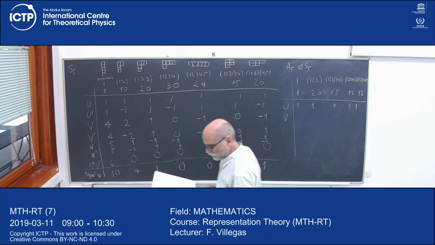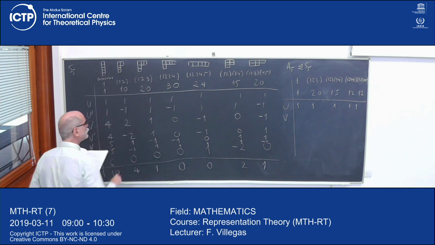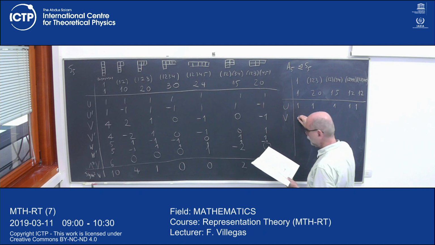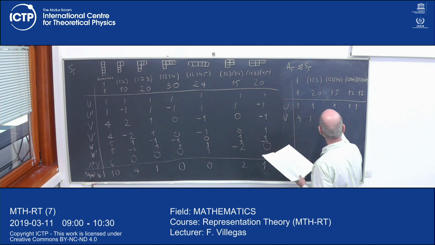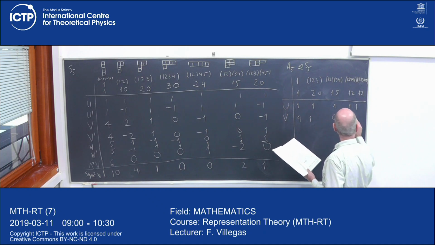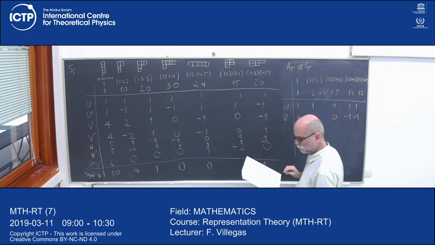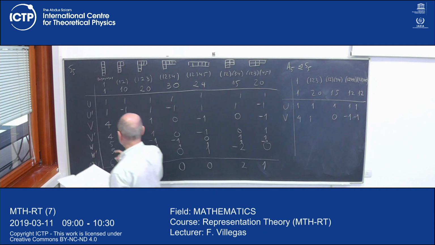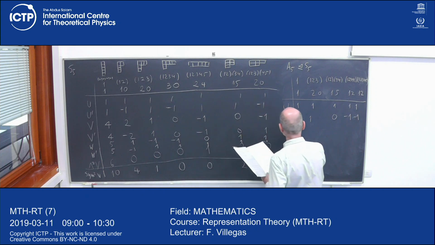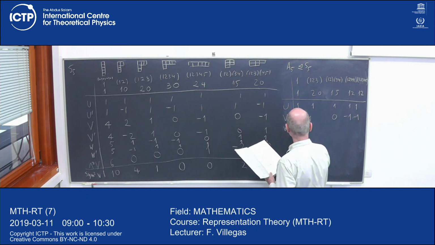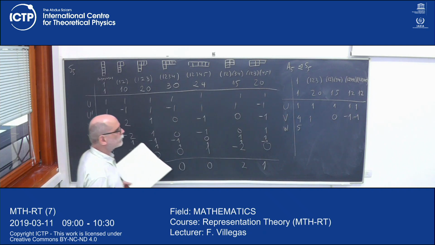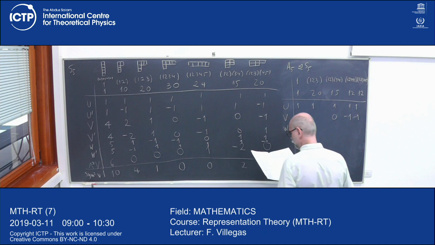The standard representation, however, we can restrict to A5 and it remains irreducible. We can check this by computing the inner product with itself. W and W prime remain irreducible, but when restricted to A5, they are the same. The same with V and V prime. They restrict to irreducibles, but in fact to the same one.